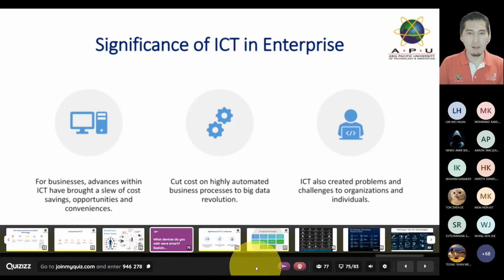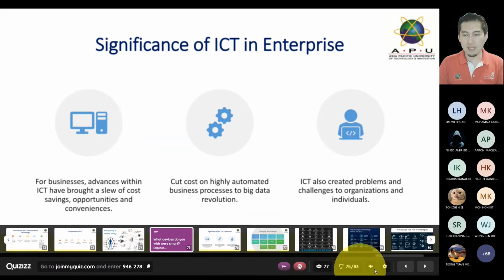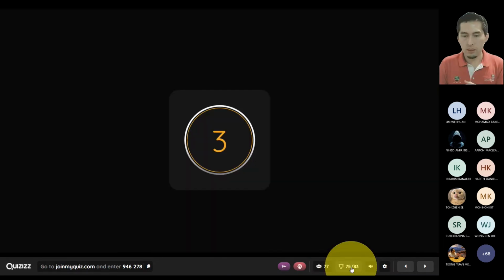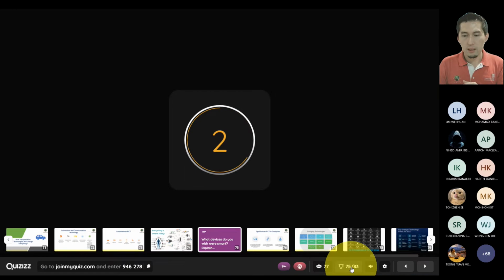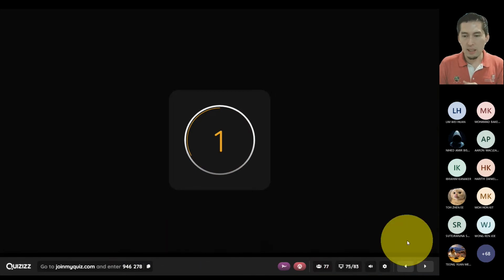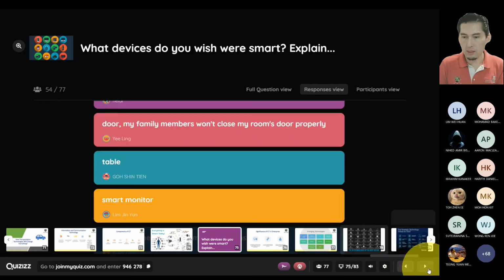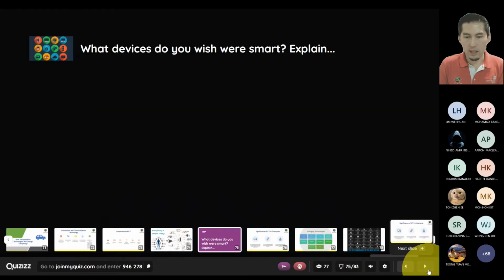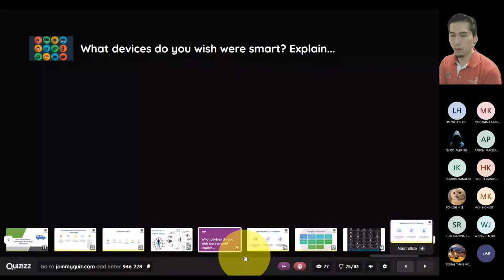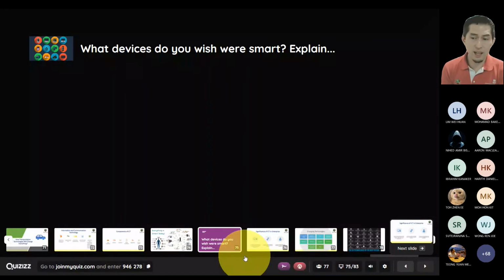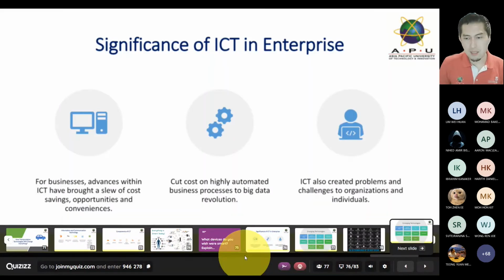All right, so the significance of ICT is undeniable. There are a lot of key aspects being shown here. The significance of ICT in businesses and enterprises is reflected here, right?